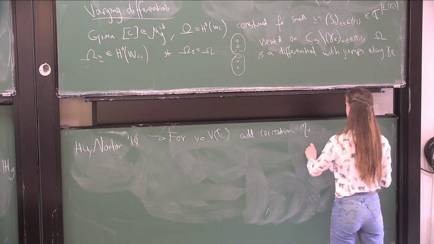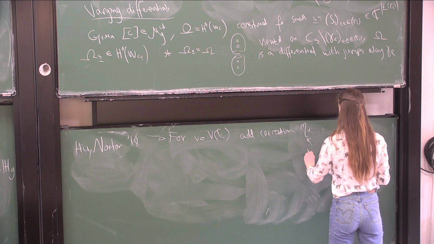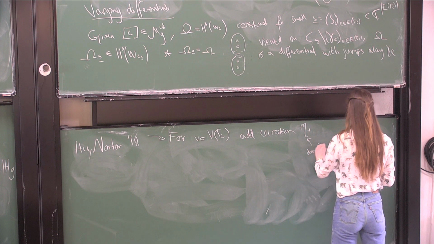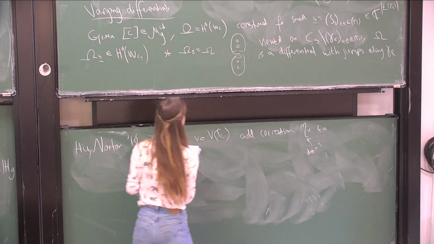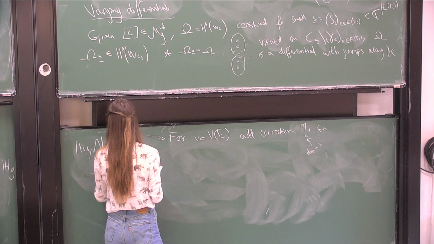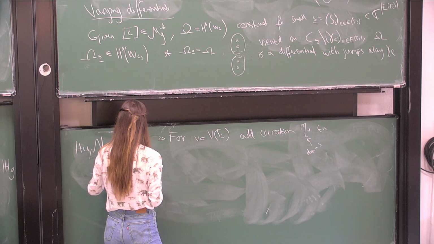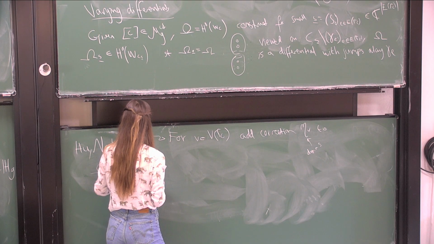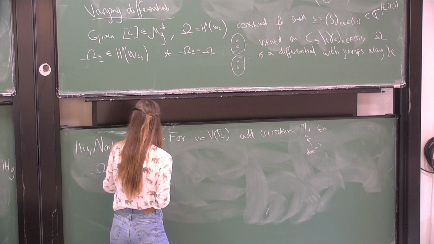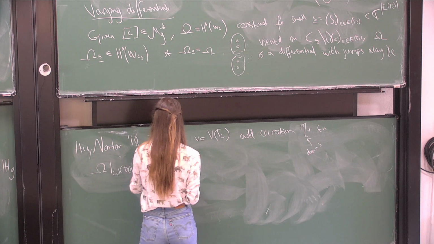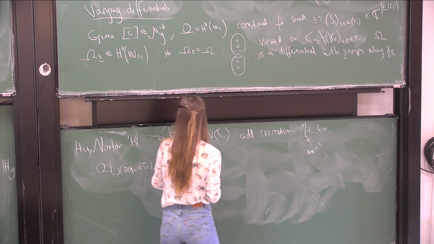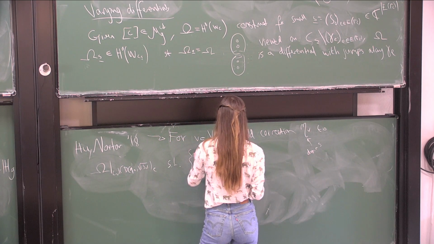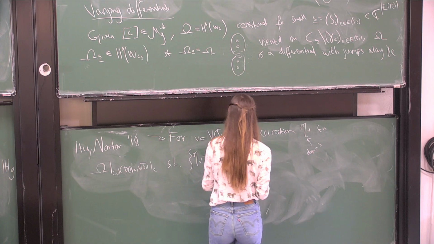So you add a correction that is dependent on s to the differential restricted to this component, such that the resulting differential goes to something holomorphic.